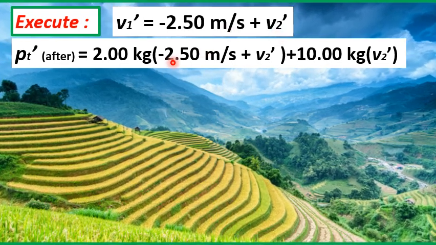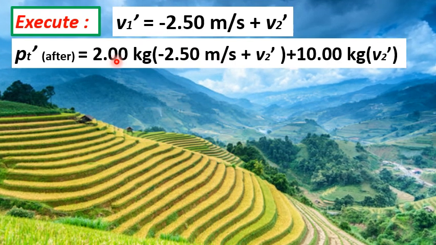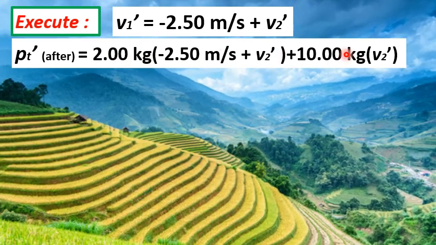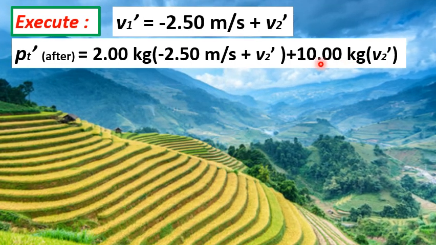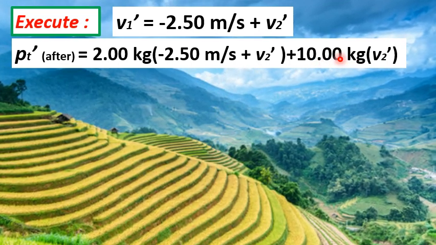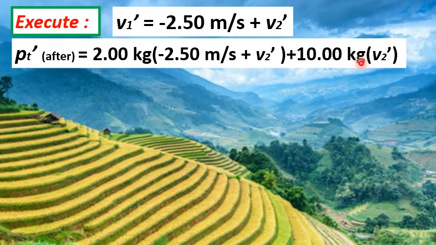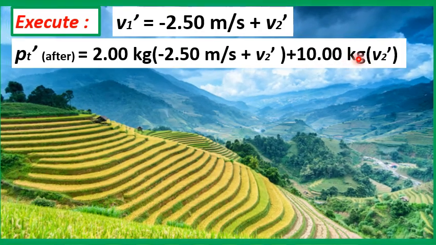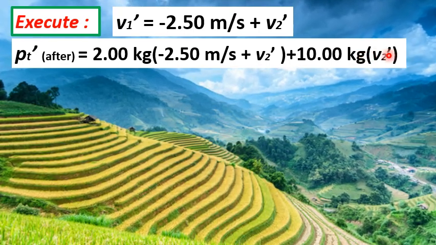So that is what we multiply to the mass 2.00 kilograms, and then add to that the momentum of block B after the collision, 10.00 kilograms, that's the mass of block B, times its velocity after the collision, v sub 2 prime.